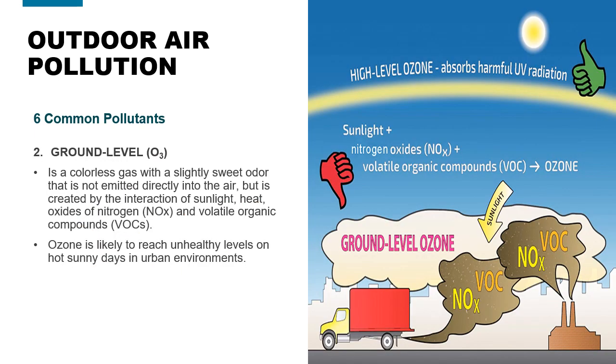Okay? So we have here the ground level ozone. It is a colorless gas with a slightly sweet odor that is not emitted directly into the air, but it is created by the interaction of sunlight, heat, oxides of nitrogen, and volatile organic compounds. So ito yung tinatawag nating ozone layer. Okay?